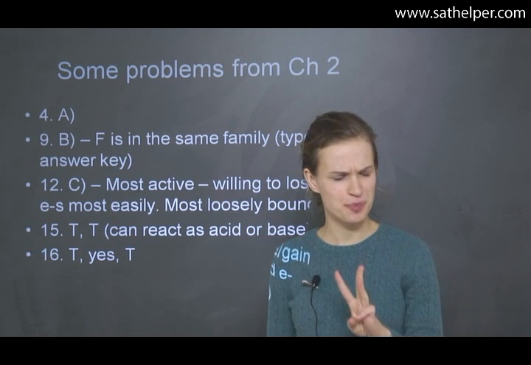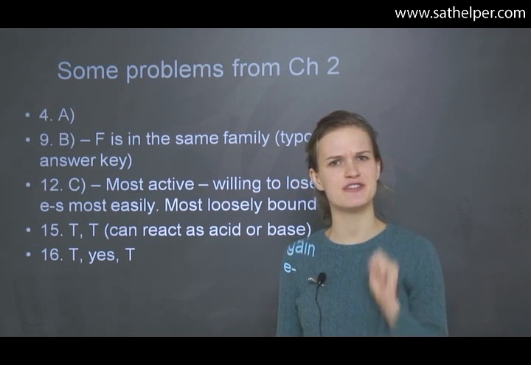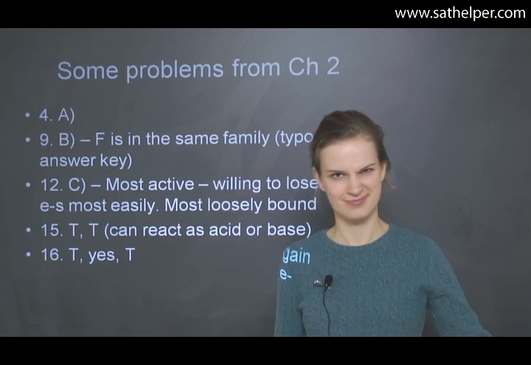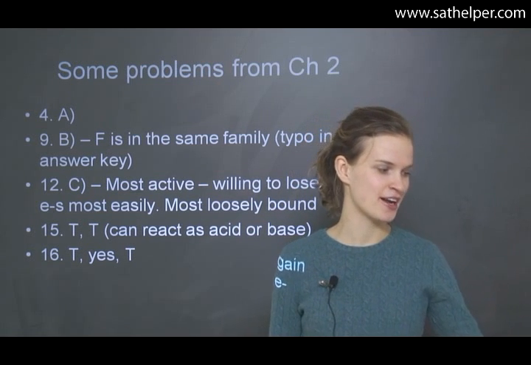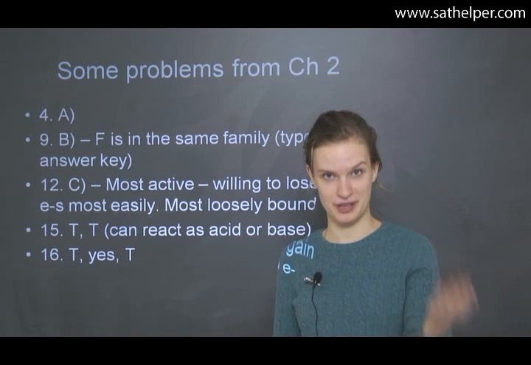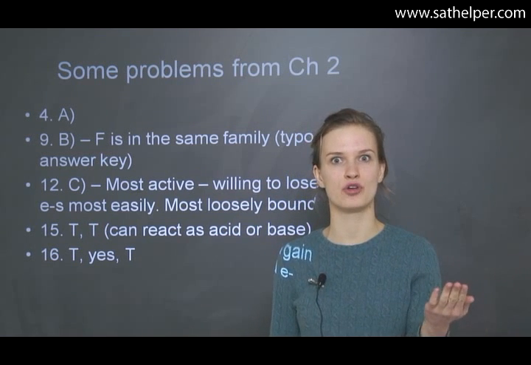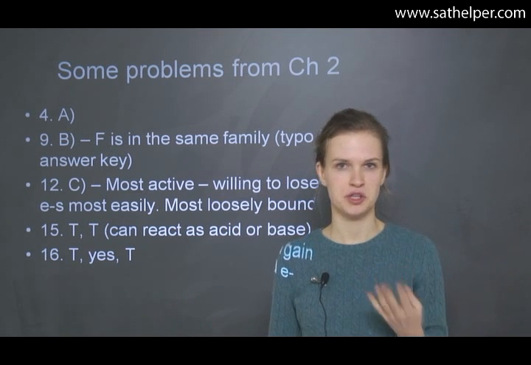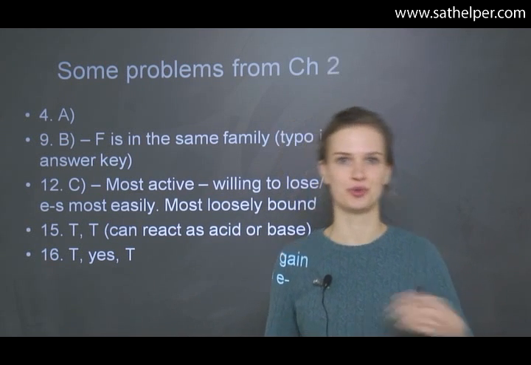However, there's a third part to this question, right? We have to see if "because" makes sense. Does it make sense? It does not make sense here, because it is an amphoteric element. However, it's not because it has an oxidation number of 4. Okay? It's simply because it can either lose or gain electrons.